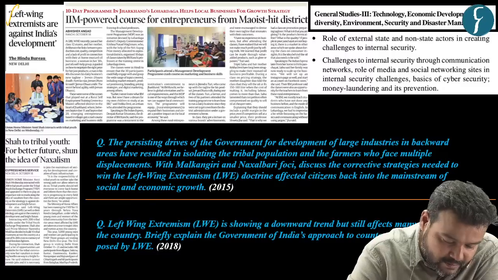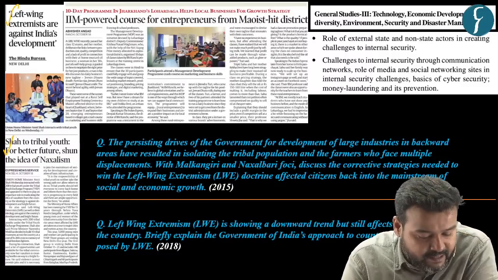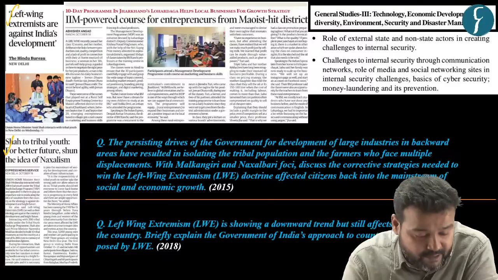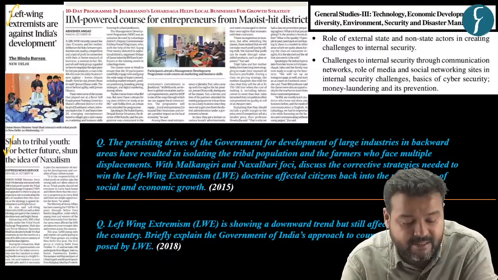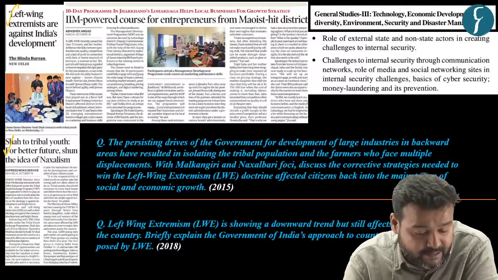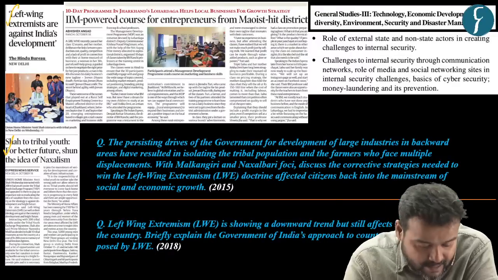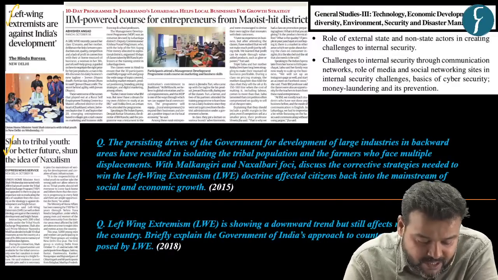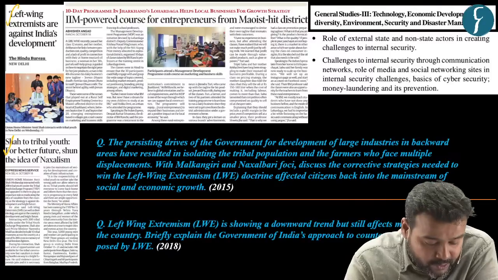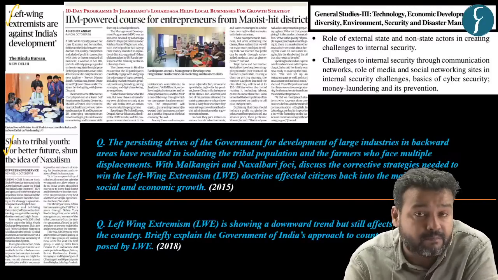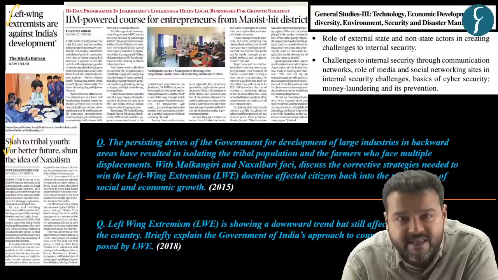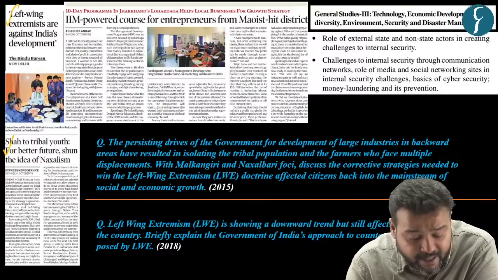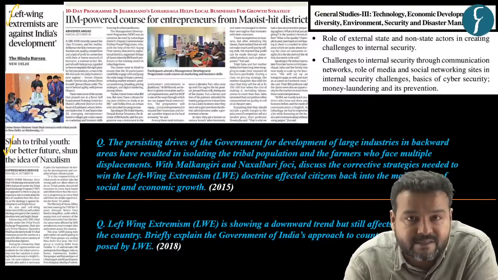Now, in two news items, the Home Minister has termed left-wing extremism as being against India's developmental process. And in the second news, he advised the tribal youths that for a better future, shun the idea of Naxalism altogether.